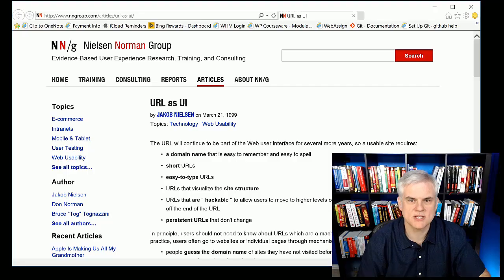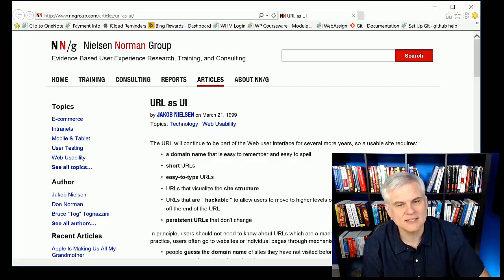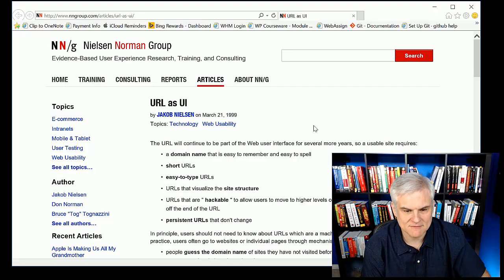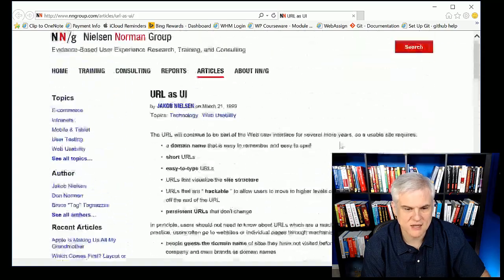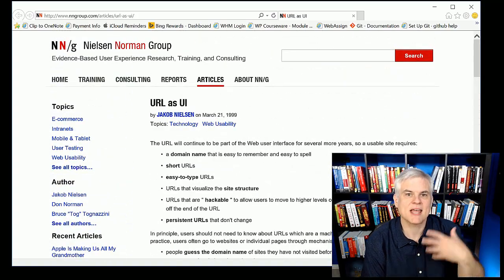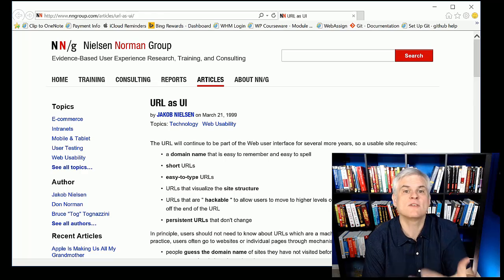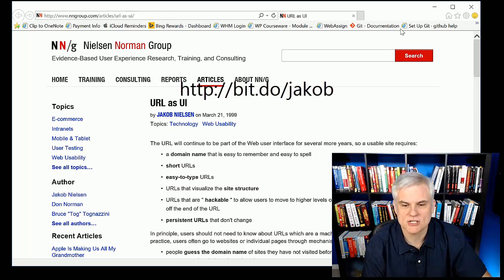In fact, there was a famous study years ago by Jakob Nielsen, who is a famous usability thought leader, and that kind of proves this idea and talks about URLs as a user interface, as a way of interfacing with a web application. You should take a look at this URL on screen to find this and go through it.